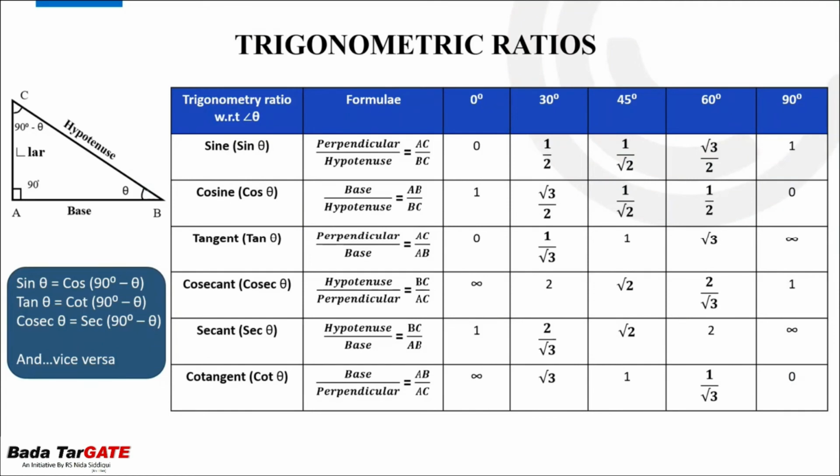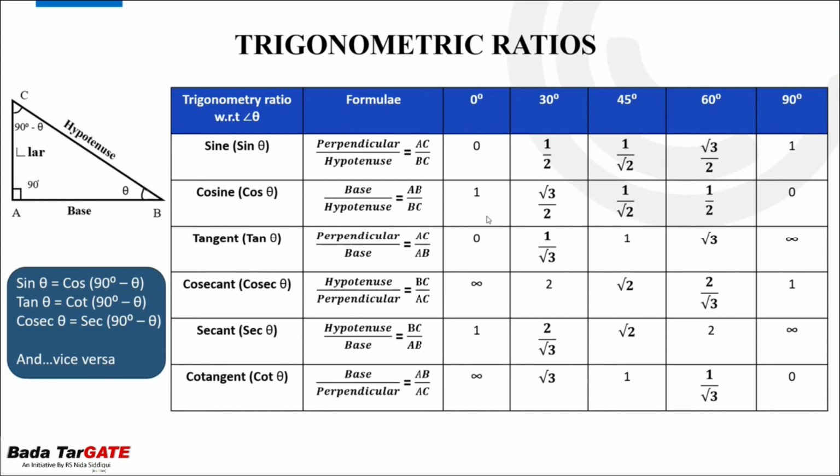Now in this table we can relate all these relations. Like you will see that for 0 degree the sine is 0 and for cos 90 is also 0 and 90 minus 0 is what? 90.